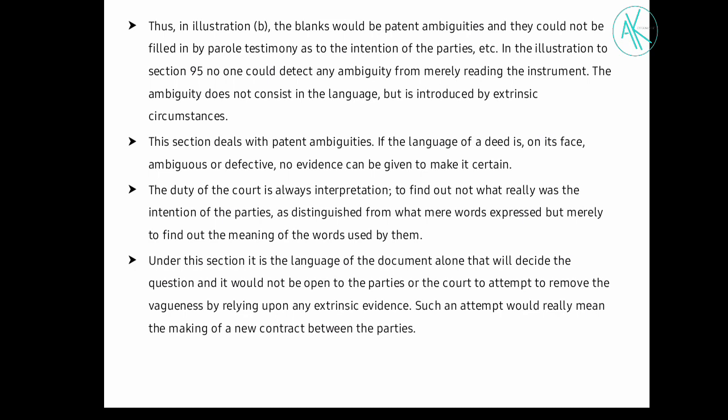Under this section, it is the language of the document alone that will decide the question, and it would not be open to the parties or to the court to attempt to remove the vagueness by relying upon any extrinsic evidence. Such an attempt would really mean the making of a new contract between the parties.